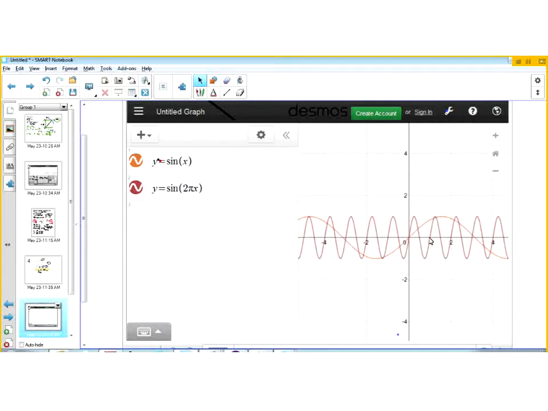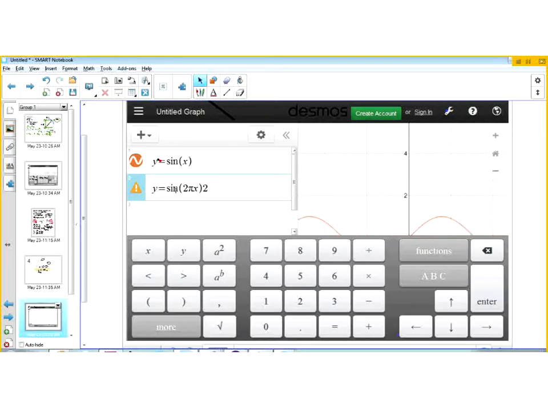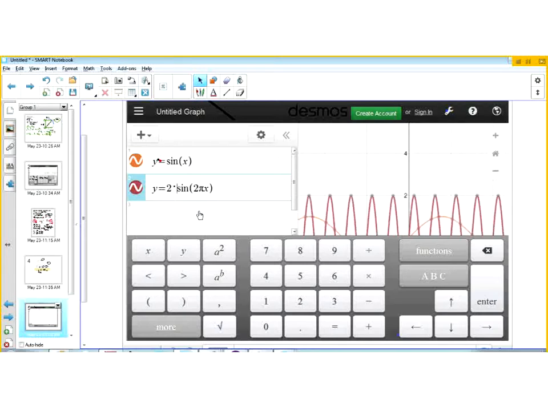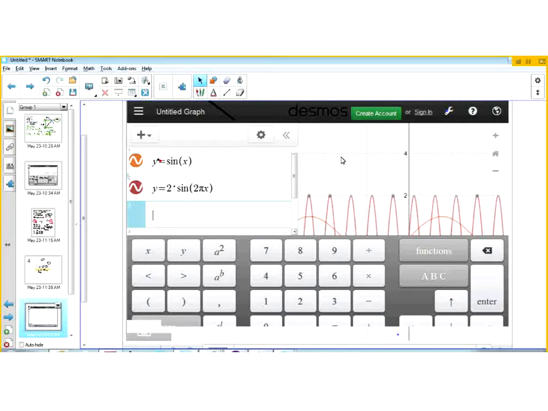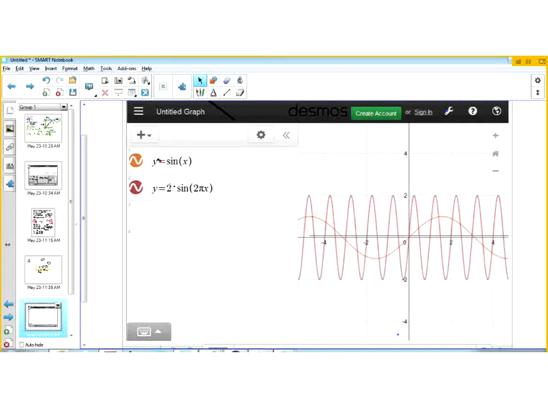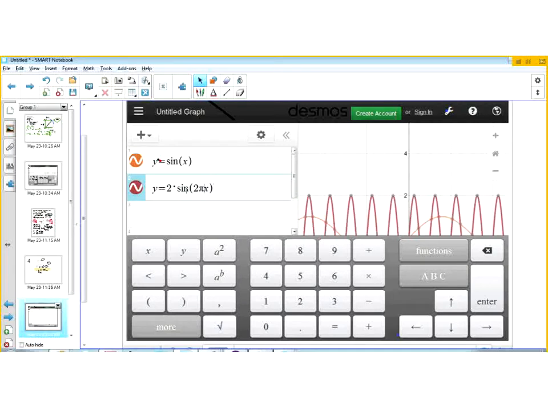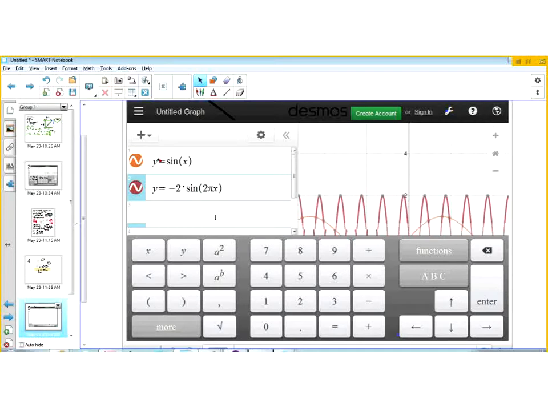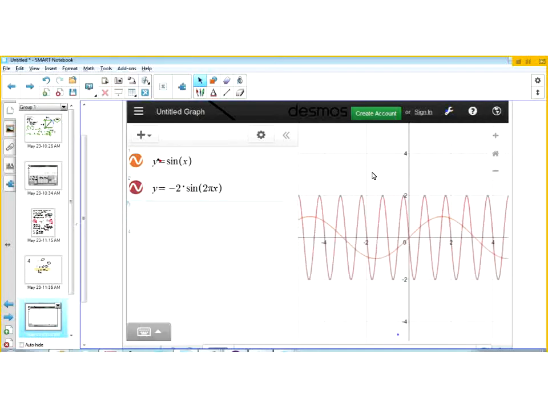You can see one period ranges from 0 to 1, and that's what we did. Now we need to multiply it by 2 to stretch it. There's the positive stretch, and then we need to reflect it about the t-axis or the x-axis. And there's the reflection. So that's what your graph should look like.